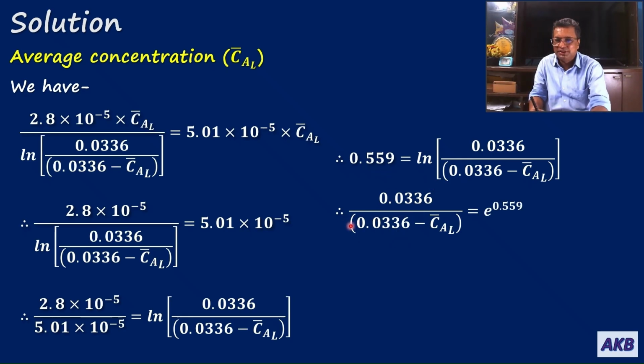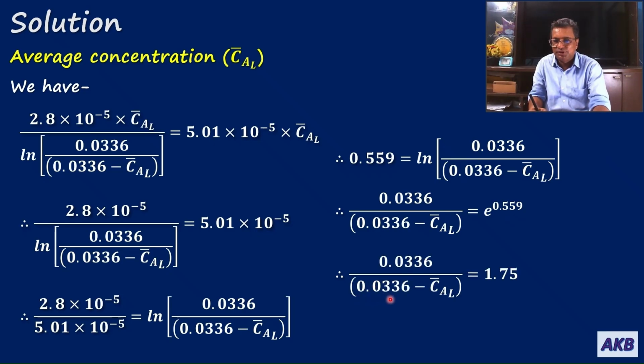So that will give me 0.0336 divided by 0.0336 minus CAL bar is equal to e raised to 0.559. E raised to 0.559 is 1.75. So 0.0336 divided by 0.0336 minus CAL bar is 1.75. Let us continue with this.